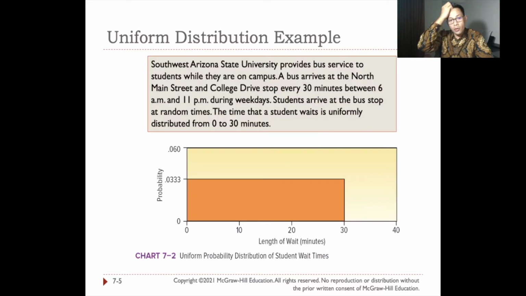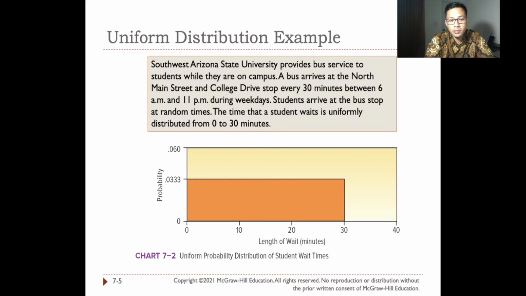Okay, so let's take an example. Southwest Arizona State University provides bus service to students while they are on campus. A bus arrives at the North Main Street and College Drive stop every 30 minutes between 6 a.m. and 11 p.m. during weekdays. Students arrive at the bus stop at random times. The time that a student waits is uniformly distributed from 0 to 30 minutes.